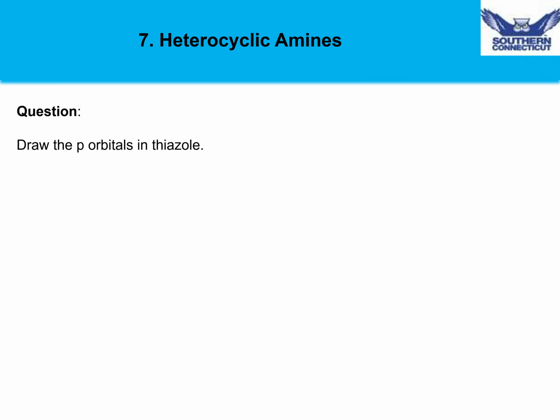In this question, we want to draw the p orbitals of a molecule we just saw, which is thiazole. It is a 5-member ring with a sulfur, a couple of double bonds, and a nitrogen here.